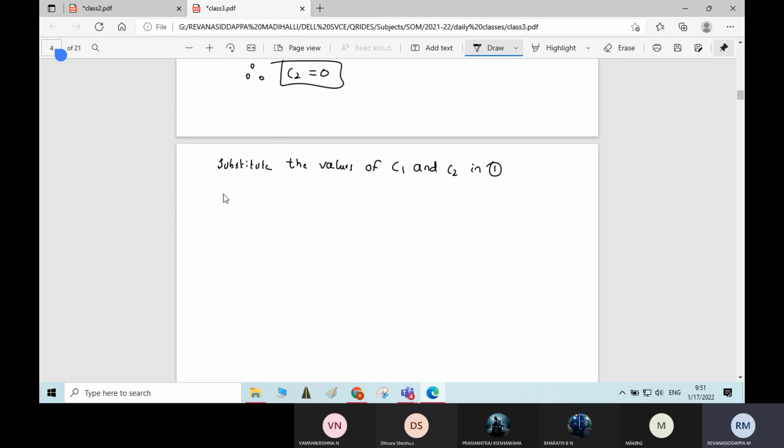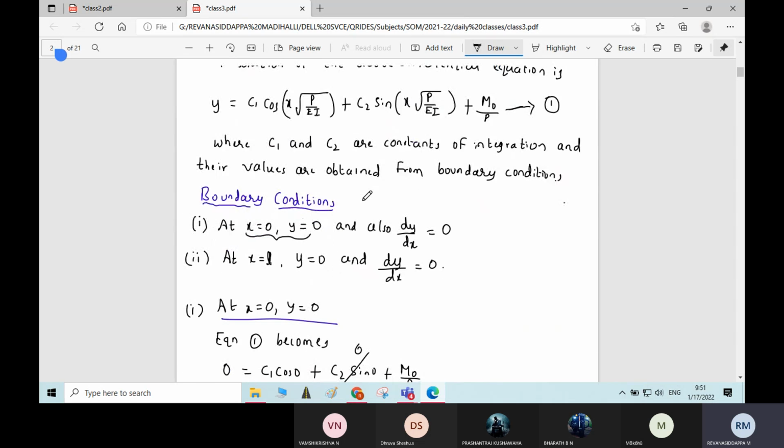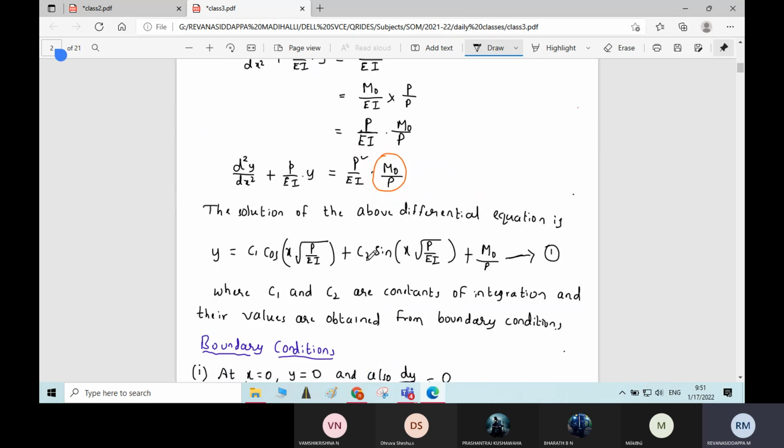What you get? Therefore y is equal to C1 cos x root p by EI, it becomes minus m naught by p cos x root p by EI, plus C2 value is 0, plus constant m naught by p.